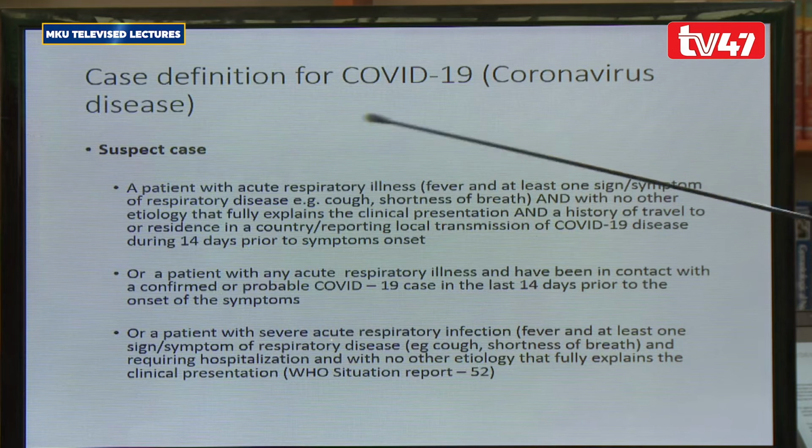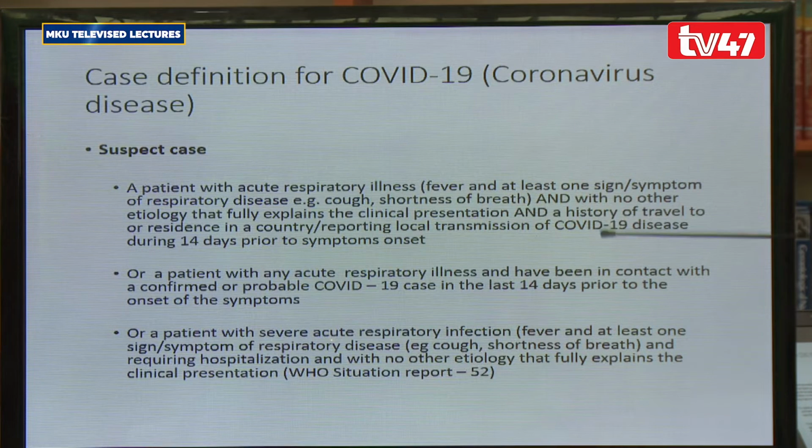A patient with acute respiratory illness, for example, fever, and at least one sign or symptom of respiratory disease such as cough, shortness of breath, and no other etiology that fully explains the clinical presentation, and a history of travel or residence in a country reporting local transmission of COVID-19 disease during 14 days prior to symptoms onset.